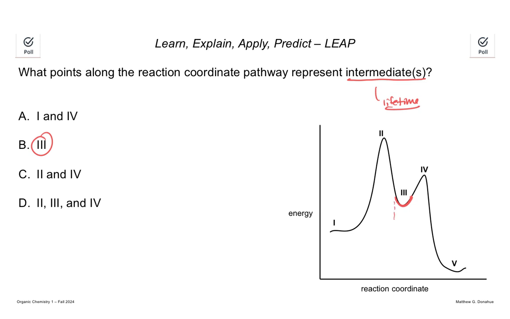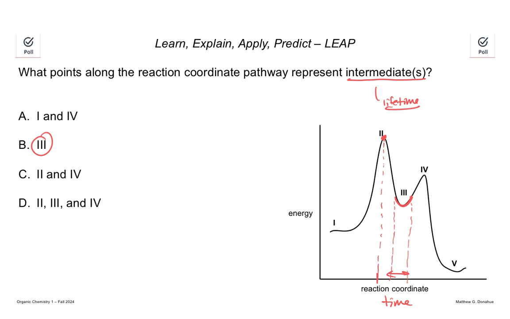And so if we draw a line down from each side of that well, this is what I mean by lifetime. Because overall, that x-axis is time. Because it spans a little bit of distance, whereas a transition state really is just a point. That distance is much smaller than an intermediate.